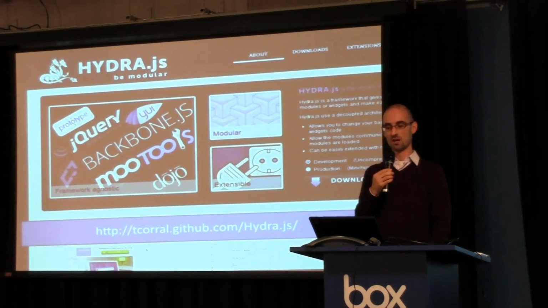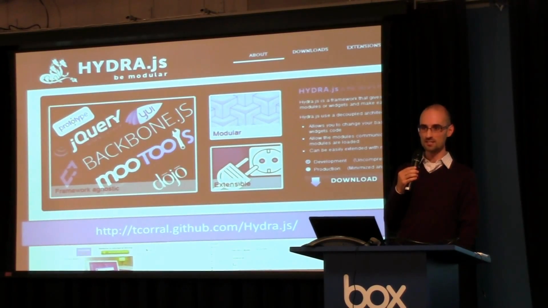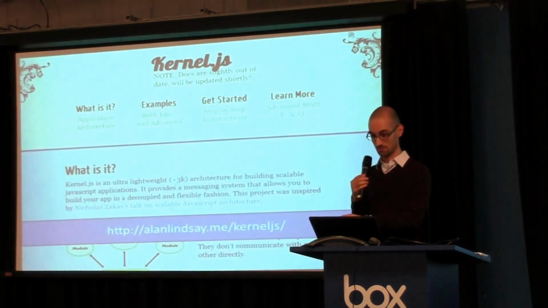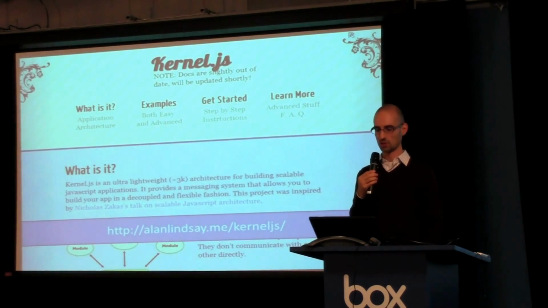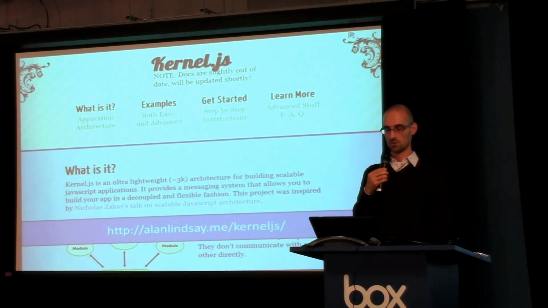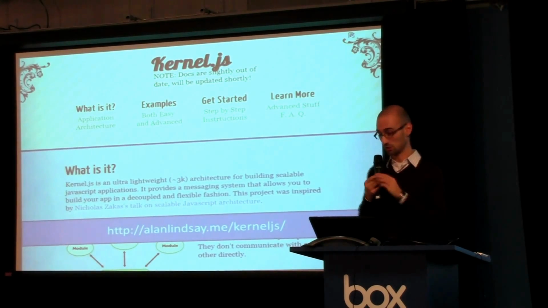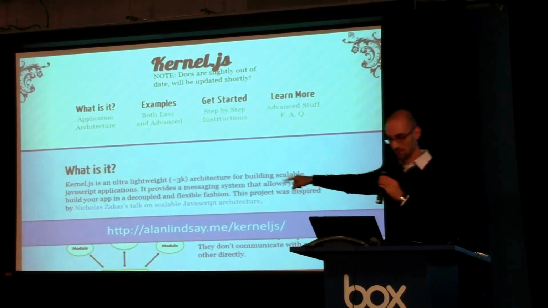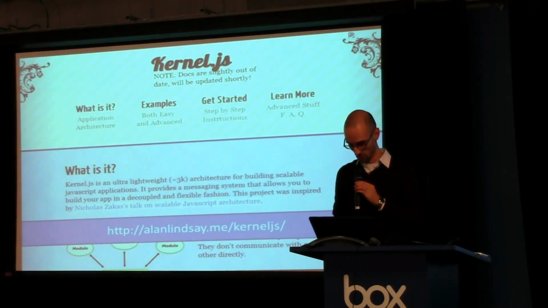There's this one with an awesome logo called Hydra.js. It's also built on the same basic premise. They have a lot more documentation now. There's Kernel.js, which is just another one. If you look closely, you can see they kind of copied my diagram at the bottom there. So you know it's good.